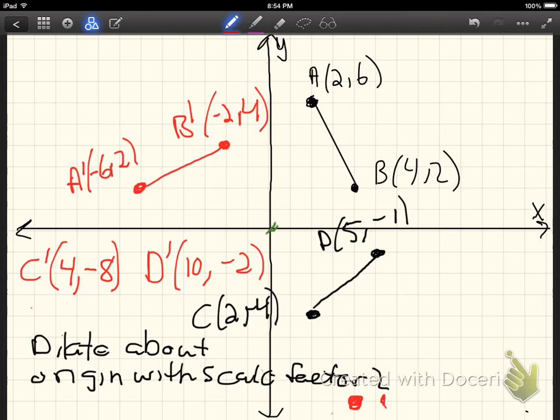There's my C prime. And D prime is 10, negative 2. 1, 2, 3, 4, 5, 6, 7, 8, 9, 10, negative 2. And there we go. Okay, so those are all of the transformations that we have.